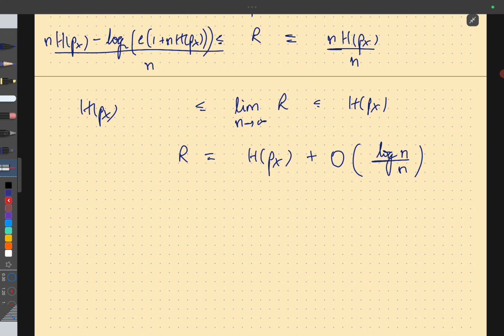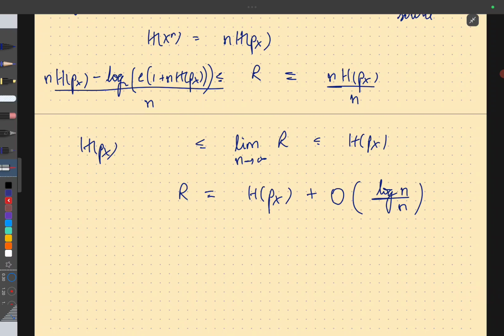One can show that the optimal second order term is essentially the variance. You can write the entropy as the expectation of log 1 over P(X), but the optimal second order term is some constant times the variance of log 1 over P(X). It's called the varentropy. All right.